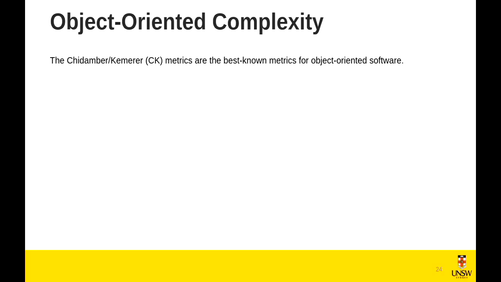One of the most famous metrics for calculating object-oriented software complexity is called the CK metrics, named after its authors, and it was first proposed in the 1990s. It's much later than Halstead's metrics.